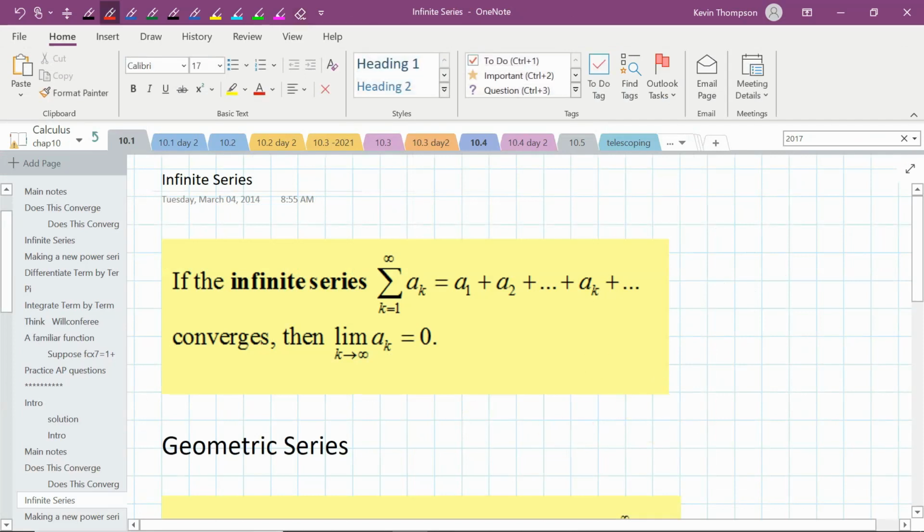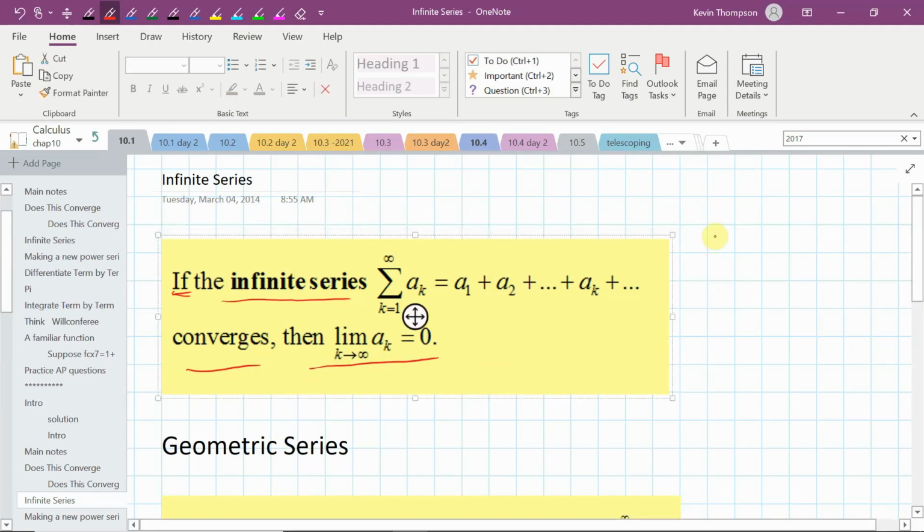So here's an important statement. If an infinite series converges, it must be true that the limit as k approaches infinity of a sub k equals 0.